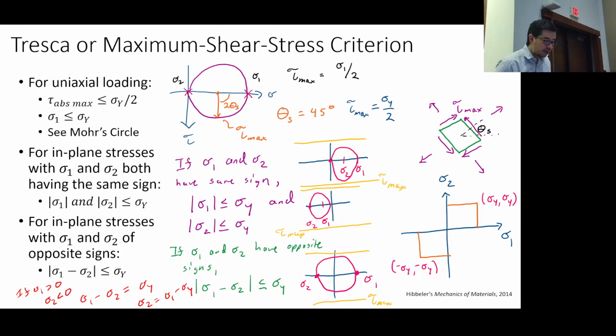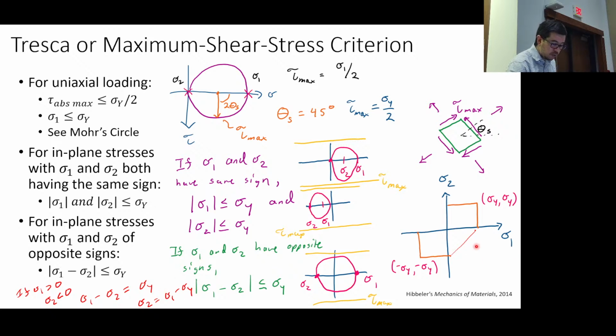All right, so then we can get rid of the absolute value sign. Okay, then we have sigma 1 greater than 0, sigma 2 less than 0. That puts us in this quadrant right here. What we end up having is a line. That's what this line describes.